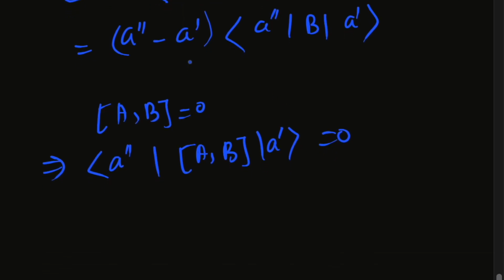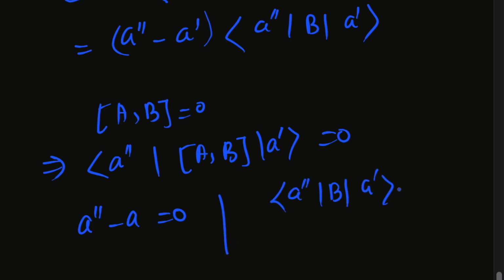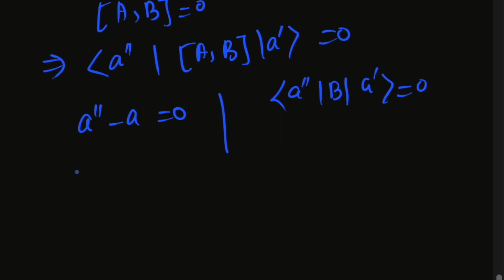So that means either A double prime minus A prime equal to 0 or <A double prime|B|A prime> equal to 0. Since the eigenstates are non-degenerate, all eigenvalues corresponding to all eigenstates are different.